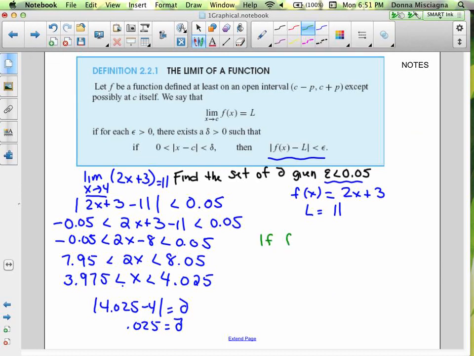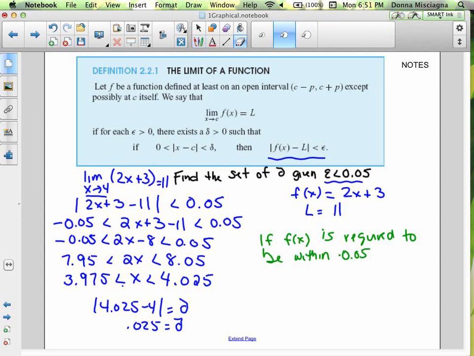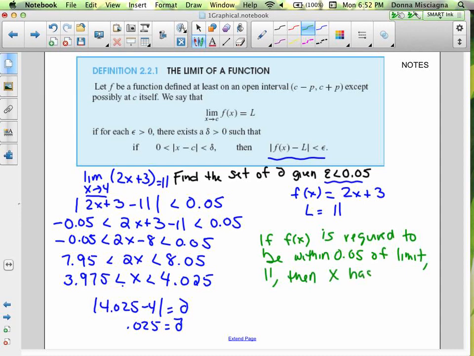If f of x is required to be within 0.05, that's not a 0 in front, it's just a smudge, of our limit, which is 11, then x has to be within 0.025 of 4, because that's what we were approaching.